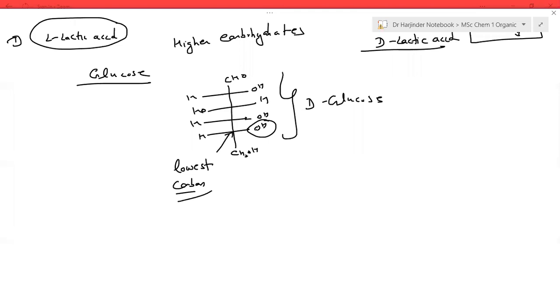Similarly, this relative configuration system is also used for assigning configuration to amino acids.